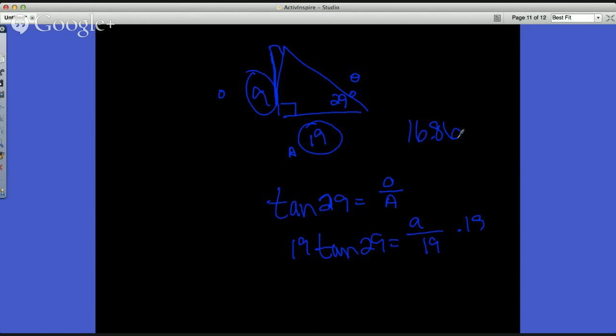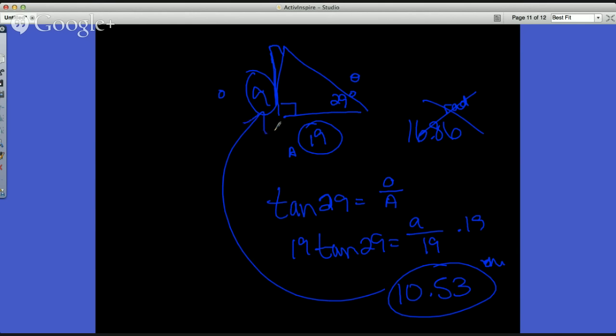So guess what? I've got to do it again. So let's put it back into degrees here, and notice that my answer would actually be 10.53. Notice the difference. This one would be radian mode, which would not be the correct answer. So 10.43 units is what A would end up being.